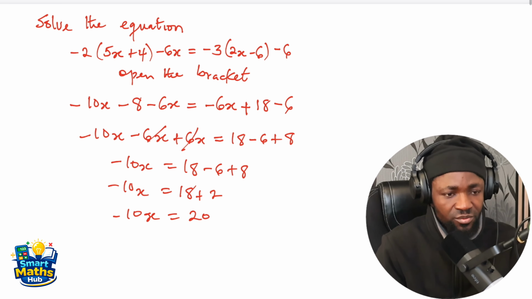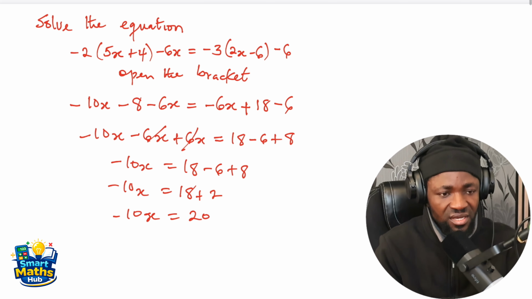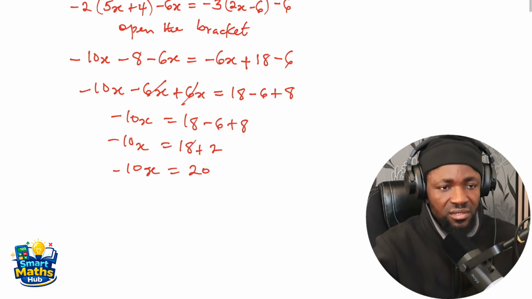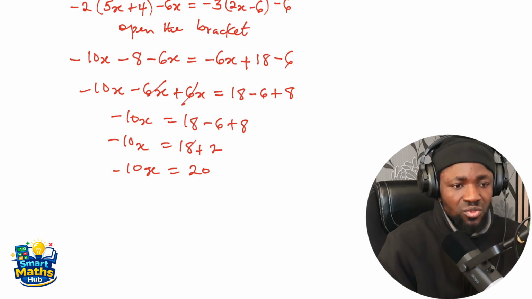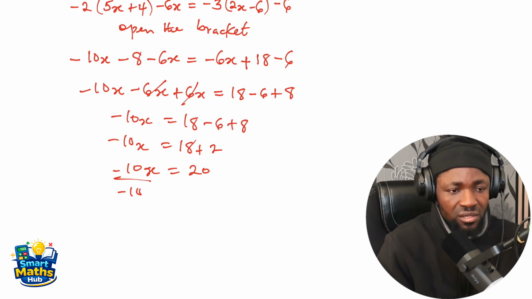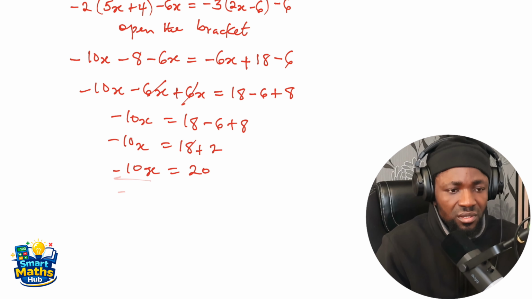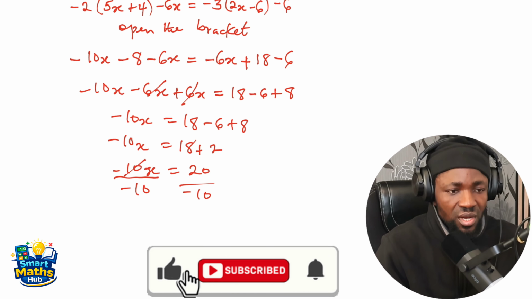And here, because we are looking for the value of x, what we need to do is to divide both sides by minus 10. So when you divide both sides by minus 10, minus 10 cancels minus 10, right?